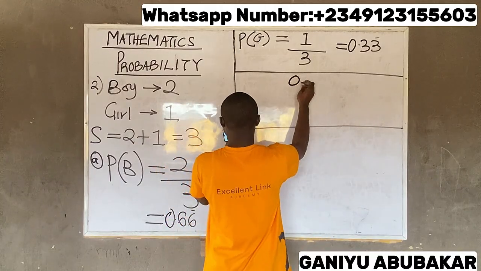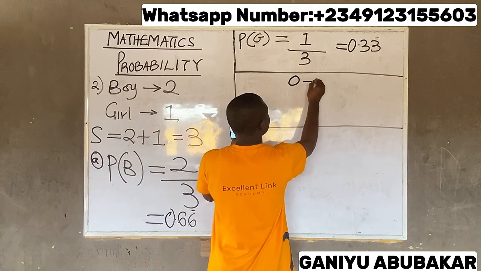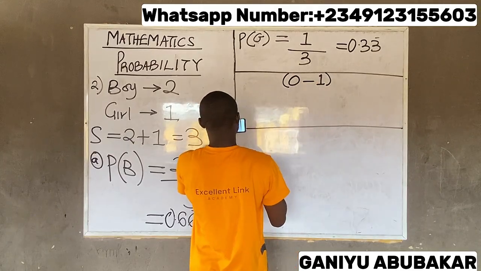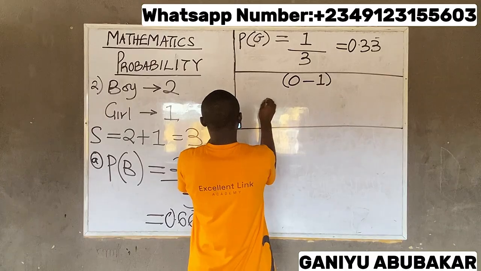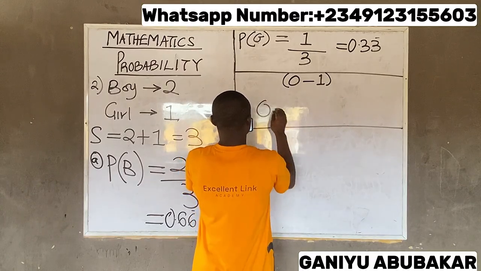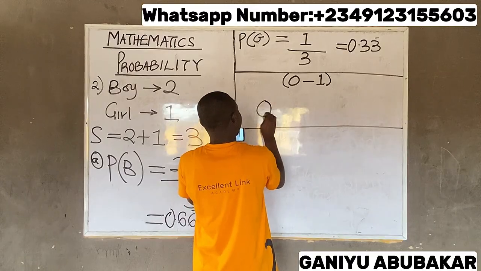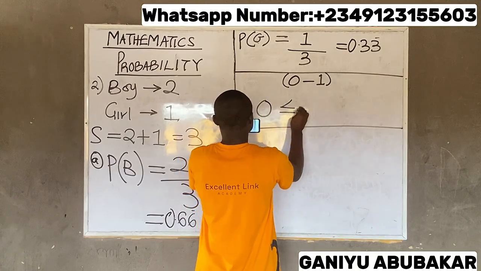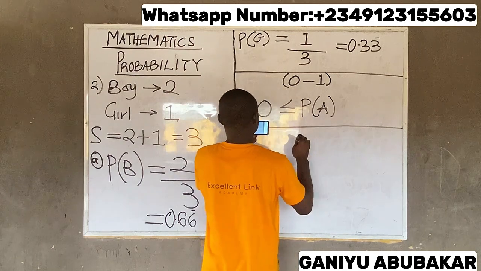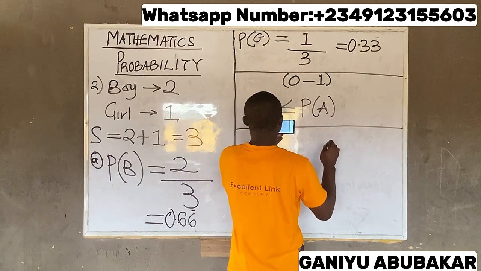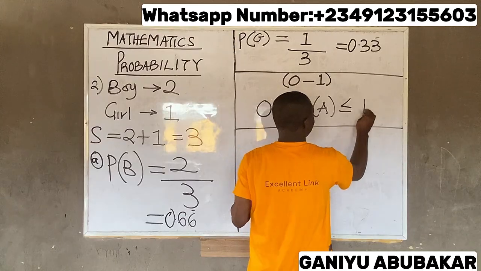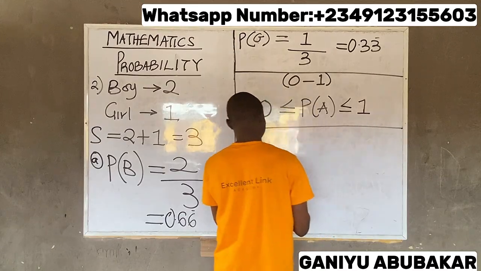If it is less than 0 or greater than 1, it means your workings are wrong.